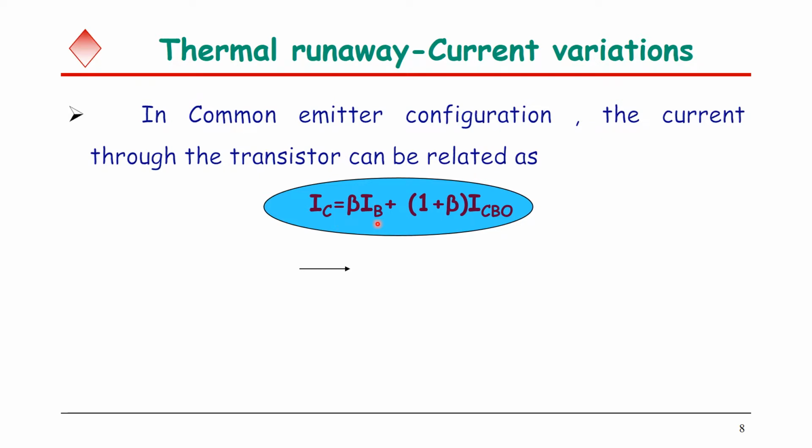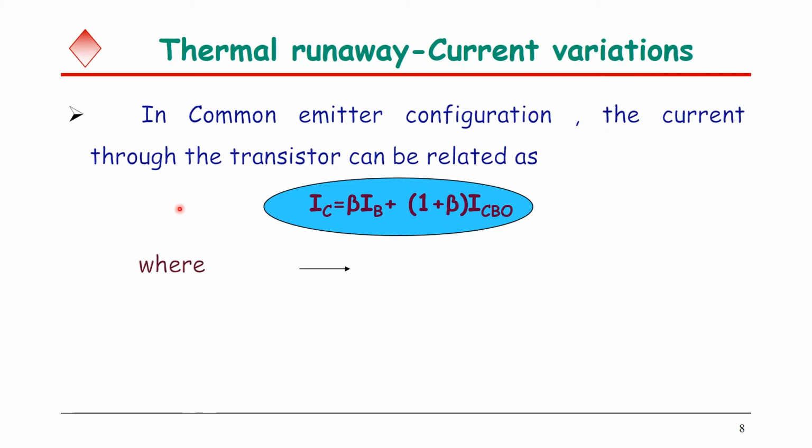Or else we can say IB is the input current and IC is the output current, where beta is the current gain for the common emitter configuration, equal to the output current, that is collector current, divided by the input base current. Now we have a new term called ICBO.